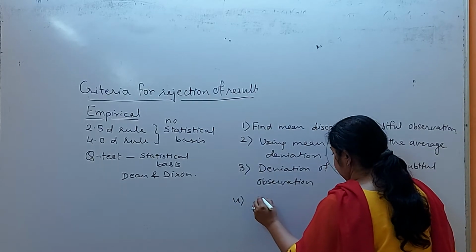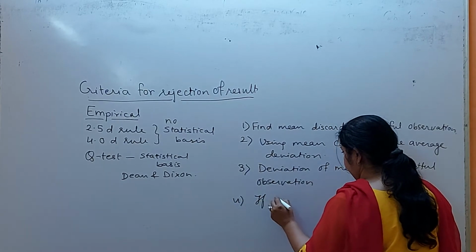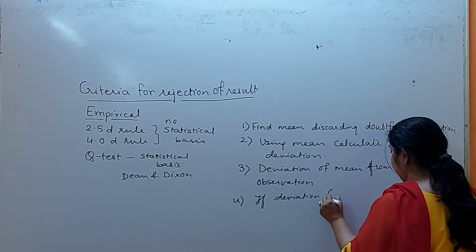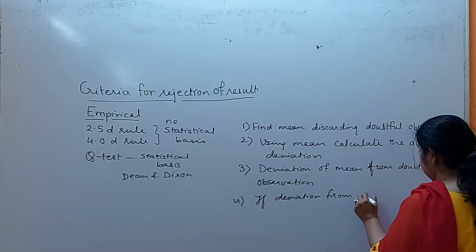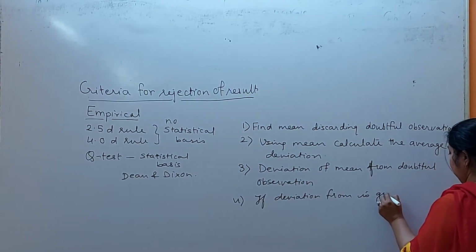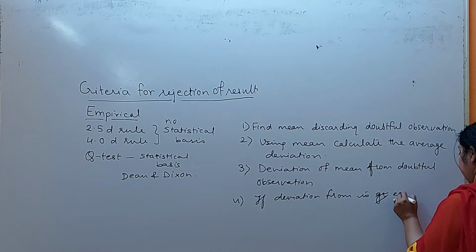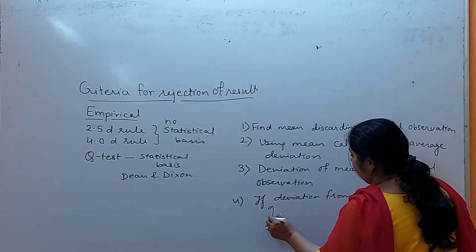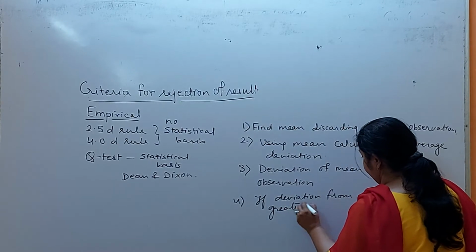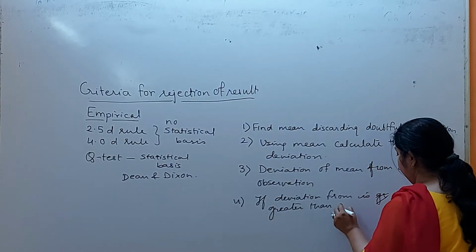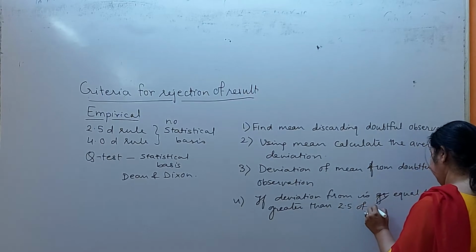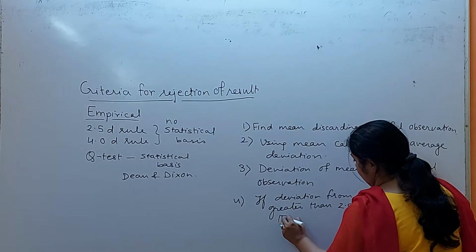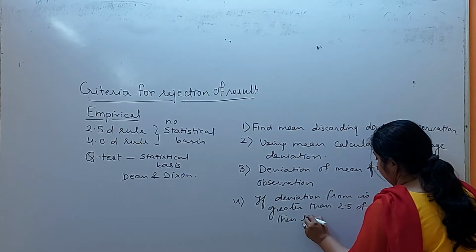If this difference from the mean is equal to or greater than 2.5 times the average deviation, then the observation is to be rejected.